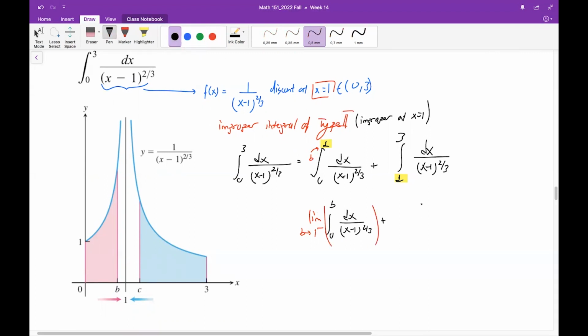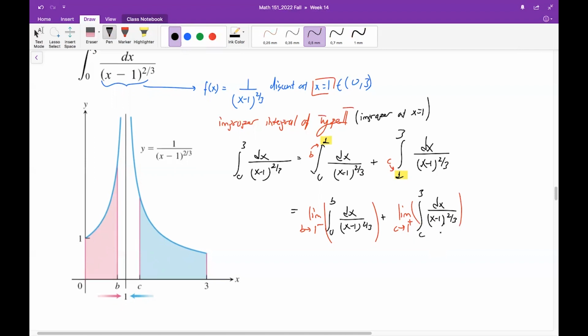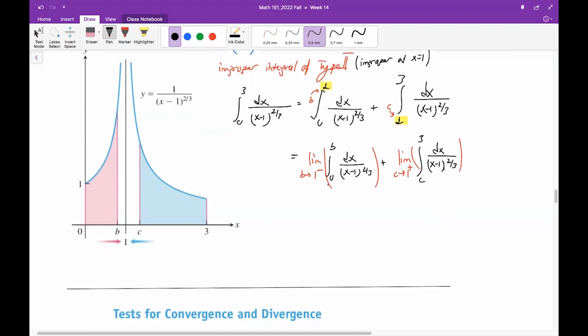So let's name this problem point as the variable c, dx over (x minus 1) to the power 2 over 3. And then I need to send c to 1 from the upper direction. So this type of one-sided limit I should use. Okay, if I compute the integrals first and then the limits, I will obtain the result.